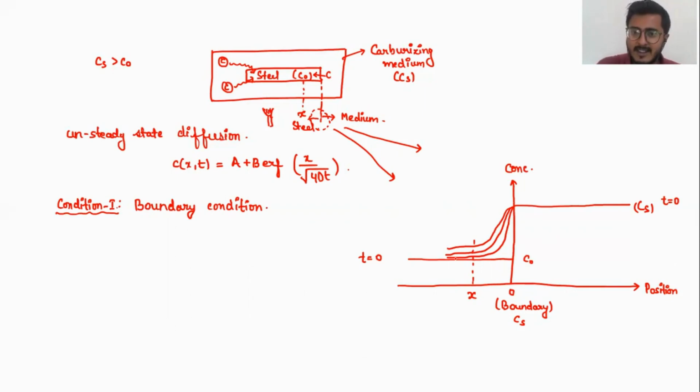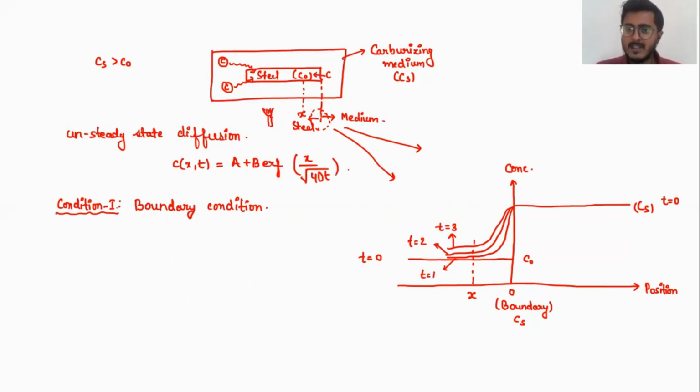So I can say that this curve is basically for T equal to 1, the first condition. Say this is T equal to 2, and this is your T equal to 3 curve. With respect to time, the concentration at a particular position increases. It does not remain constant, and therefore I can say that this is an unsteady state kind of diffusion.